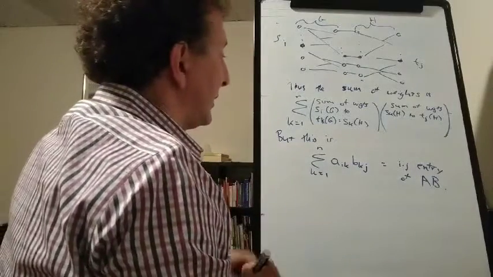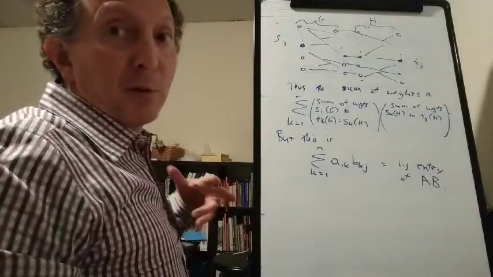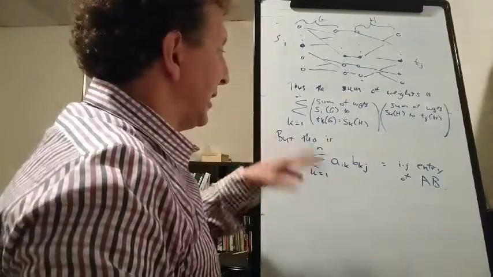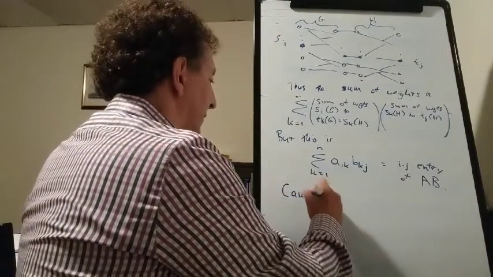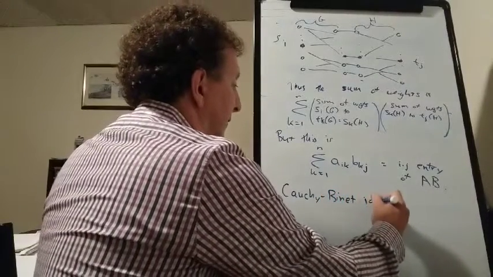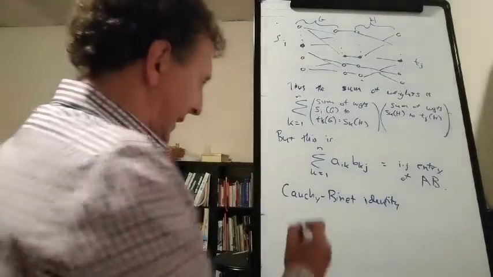And it turns out that the minors of the product matrix AB have a nice expression in terms of minors of A and minors of B. That's called the Cauchy-Binet identity.